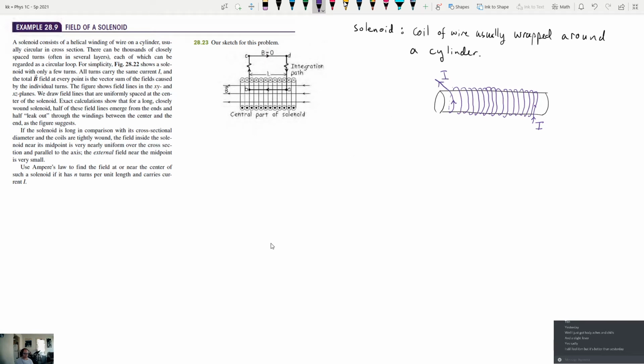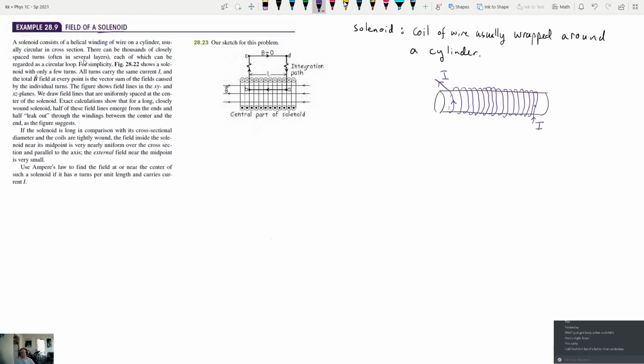That's a solenoid. It's basically a lot of loops of wire spread out over the cylinder. So don't let it confuse you. It's quite literally just a bunch of wire wrapped around a cylinder. If there was a phrase that meant that, that's the word we would have used, but we just have the word solenoid.